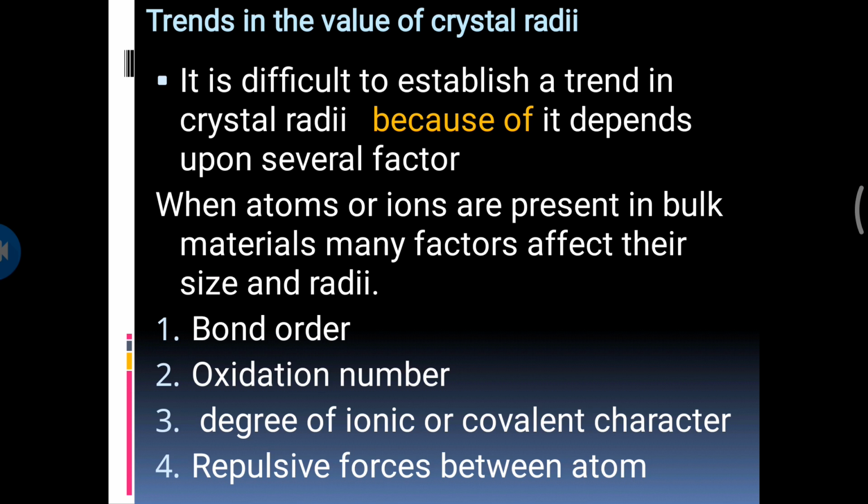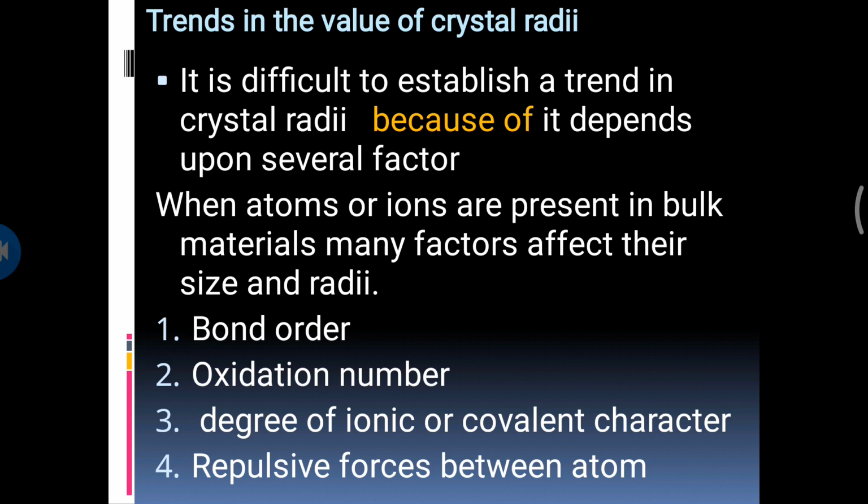So bond order also affects crystal radii. Suppose in carbon the bond order is 1, at that time there is a different crystal radius. If bond order is 2, meaning the alkene group, it's a double bond, so it gives a different radius.